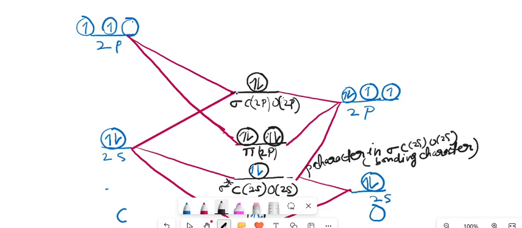Sigma C2p O2p becomes the highest occupied molecular orbital. This is the orbital which is highest in energy level and is occupied.